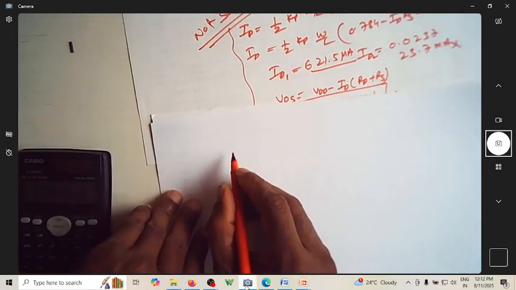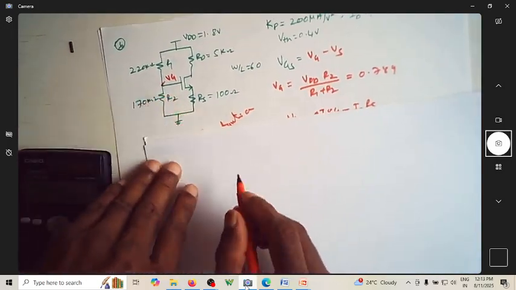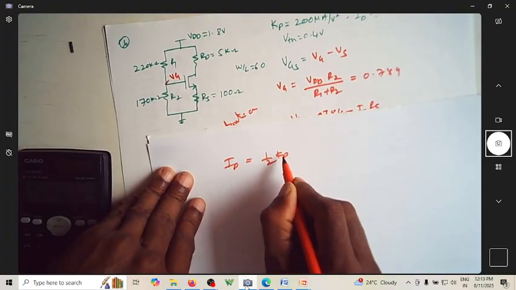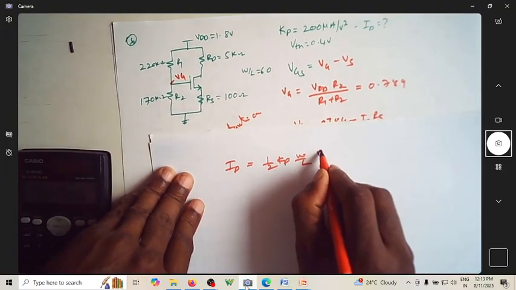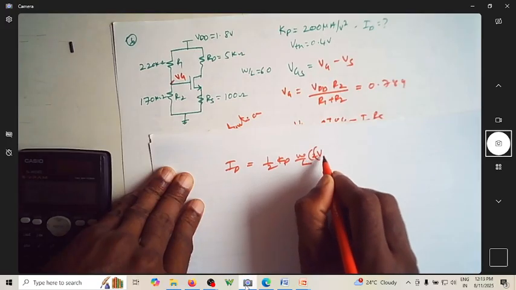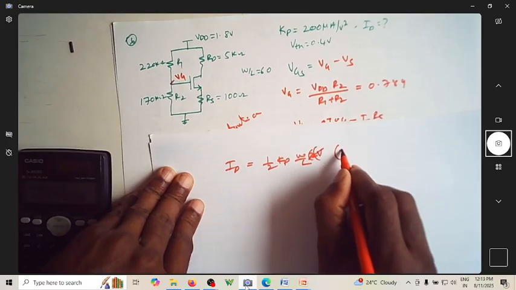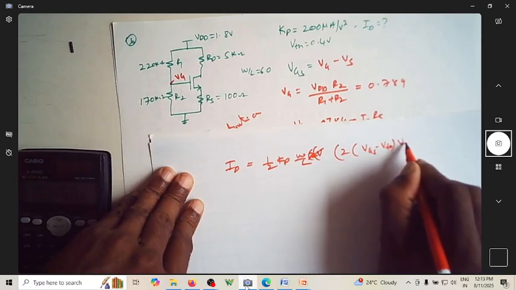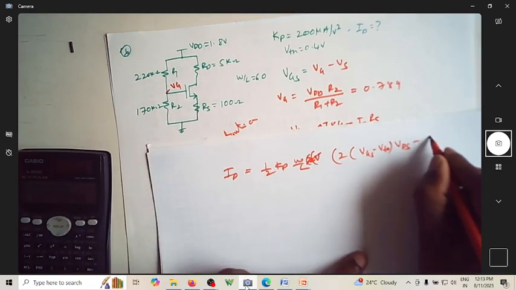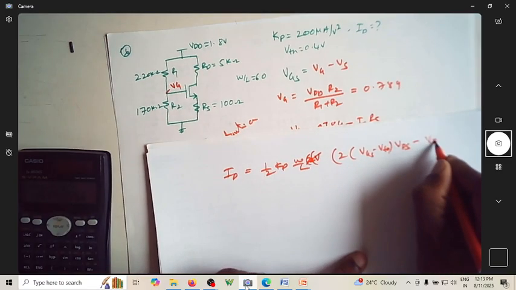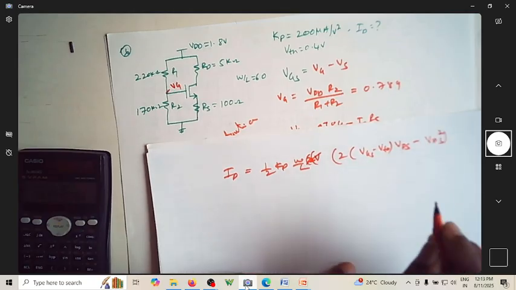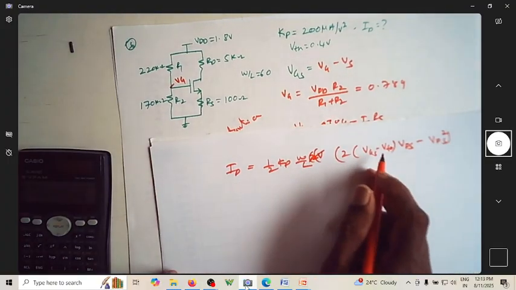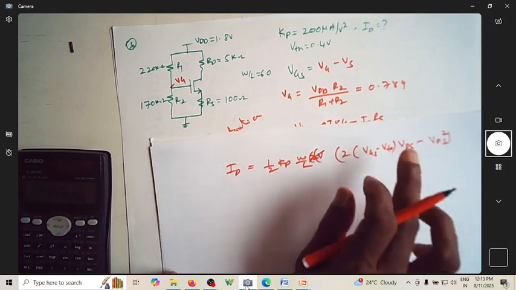So how do I find it? I know that the linear expression for ID is half Kp W by L into 2 into (VGS minus VTO) into VDS minus VDS square. Now I need to substitute for both VGS as well as VDS.